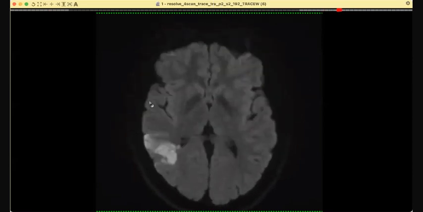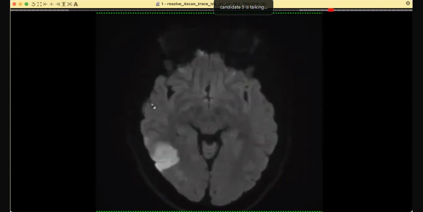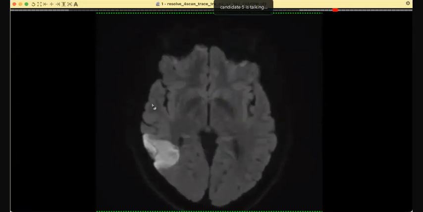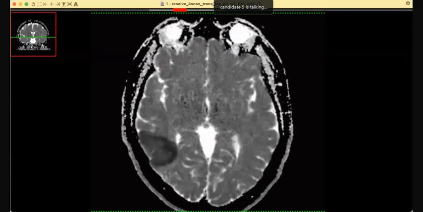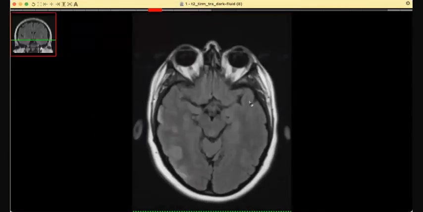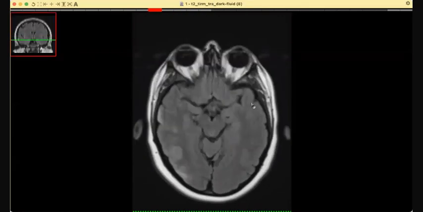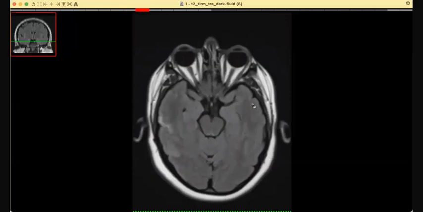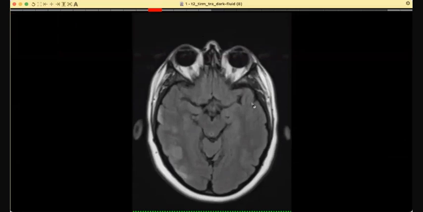So till now, what is your conclusion? I'm thinking along the lines of subacute infarct. So much restriction, right. I have now given you a FLAIR sequence. Here I can also see FLAIR hyperintensity beyond the margins which I saw on the CT scan.